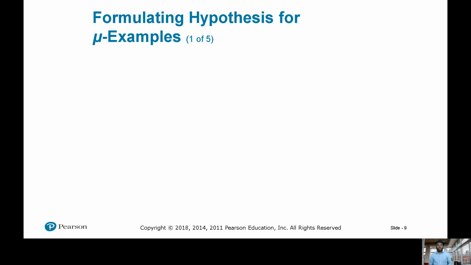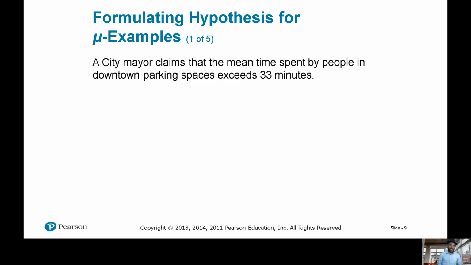Good. So formulating hypothesis for mean. We've seen this already, but I just added more examples for practice. So a city mayor claims that the mean time spent by people in downtown parking spaces exceeds 33 minutes. So what's the claim? The claim is that the mean time spent by people is greater than 33 minutes.